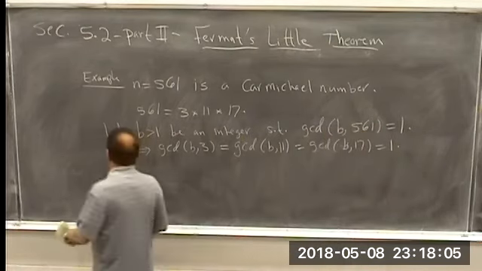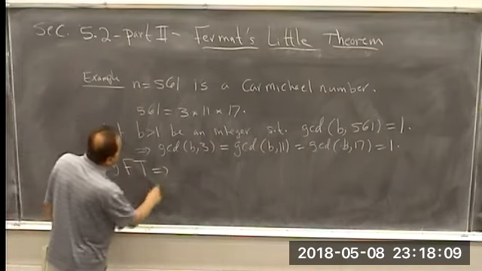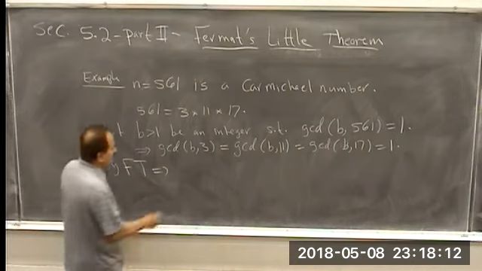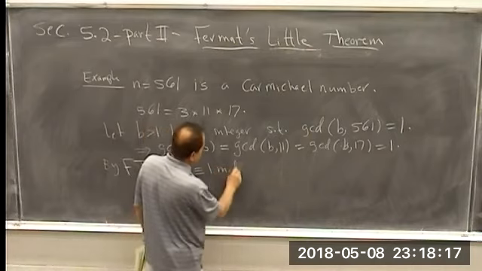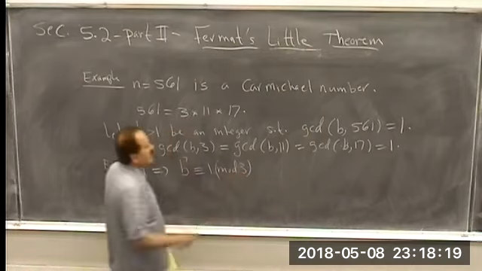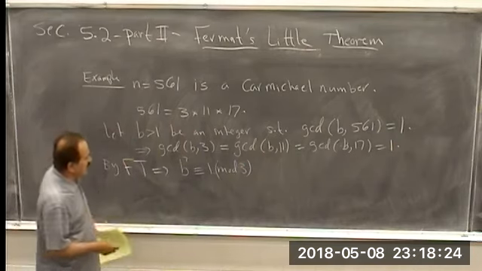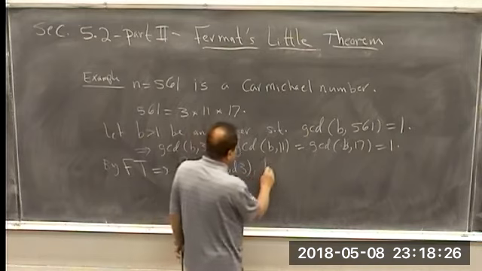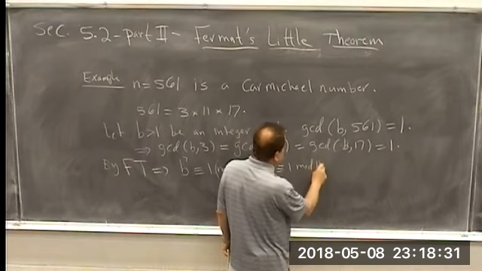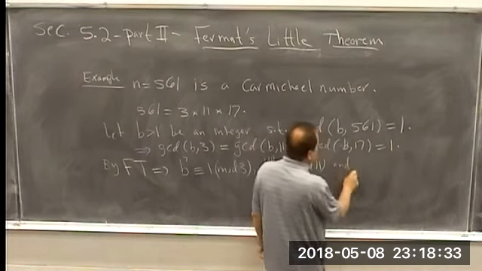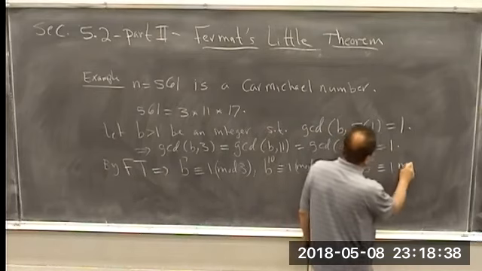So we can apply Fermat's theorem. We can say that b squared is congruent to 1 mod 3, and the same is true for all others. Also b to the 10 is congruent to 1 mod 11, and b to the 16 is congruent to 1 mod 17.